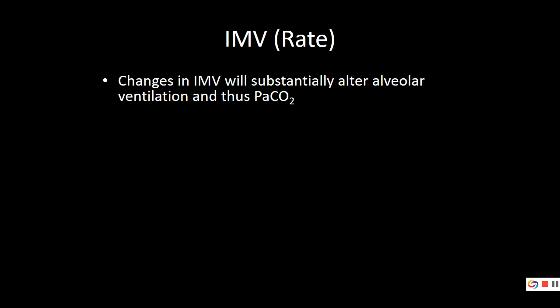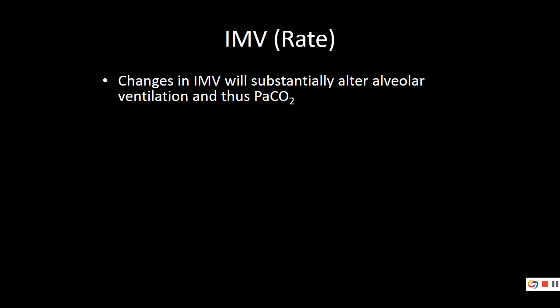So intermittent mandatory ventilation, or some people would say that's the rate. Changes in your rate will substantially alter alveolar ventilation and thus your PaCO2, your CO2 on your blood gas.